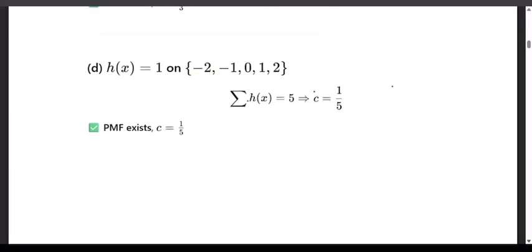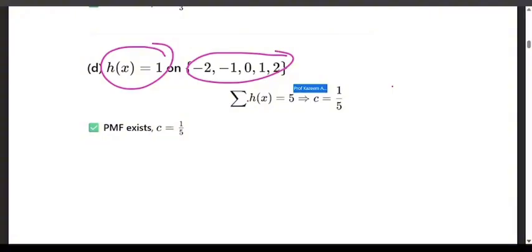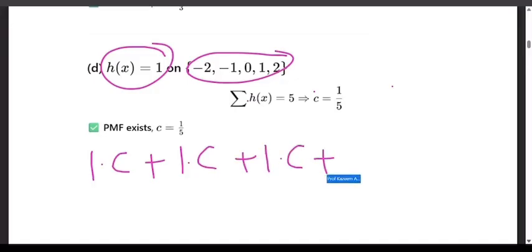Now, when you take a look at this part, we have a constant function, 1 for every input. So I'm going to have 1c, another 1c, another 1c, another 1c, another 1c, and that will be equal to 1.